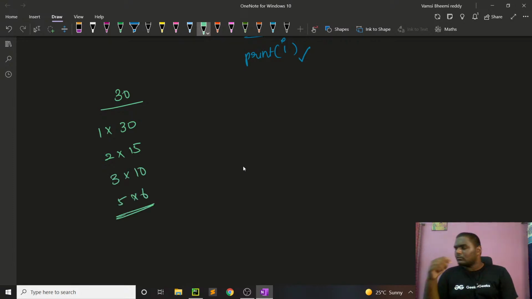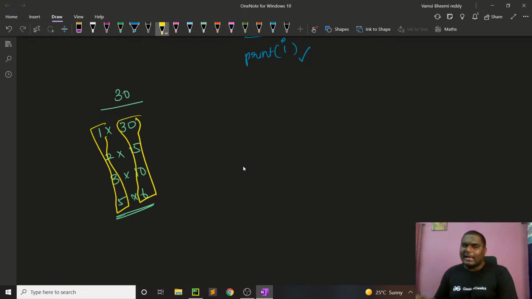So now whatever I have, this set of things and these set of things are going to be my numbers. So can I say that I don't need to check till n? Okay, if I write till n by 2, it is going to give us the answer. We can get the answers.